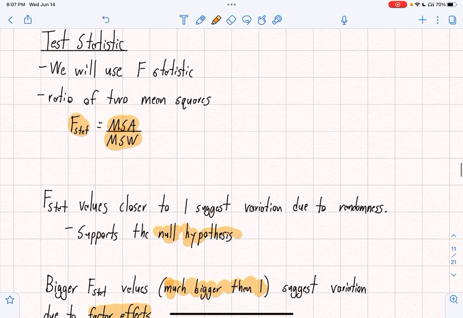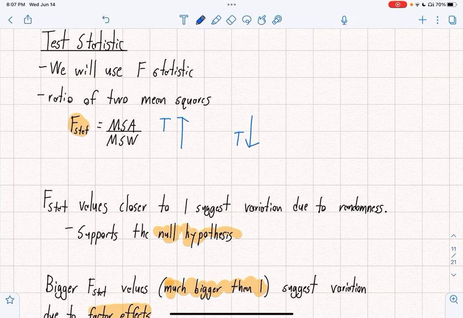We can think about that, right? Because in a fraction, when the numerator gets bigger, the overall fraction gets bigger. But when the denominator gets bigger, the overall fraction gets smaller. And so if our F stat is really big, then that means MSA must be much bigger than MSW.